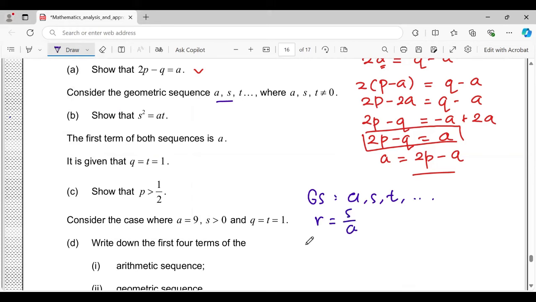So r squared is s squared over a squared.